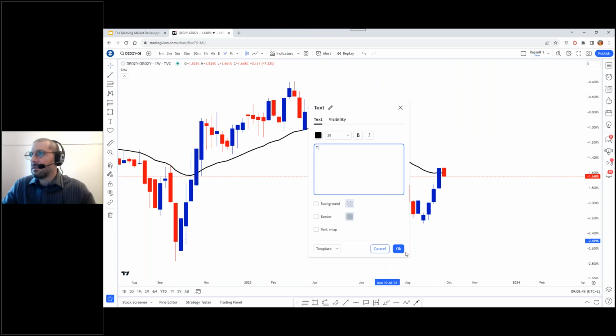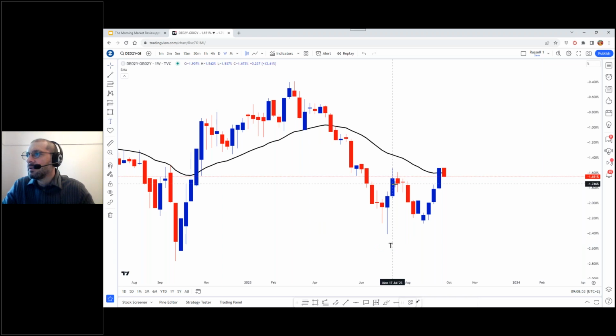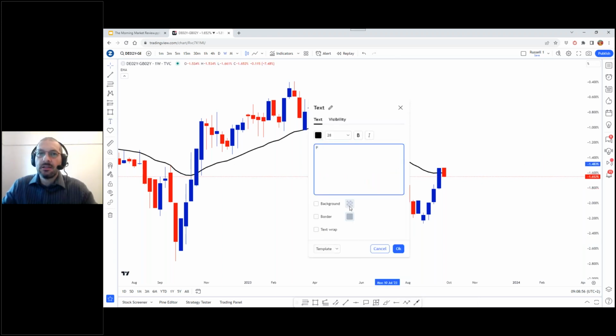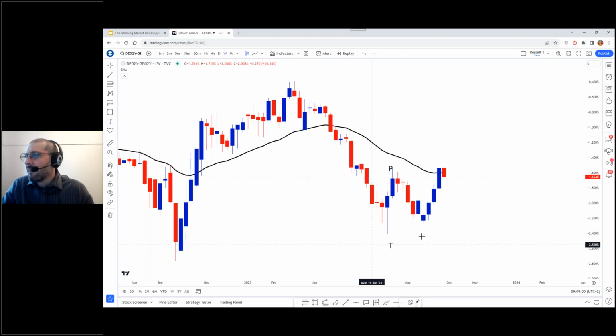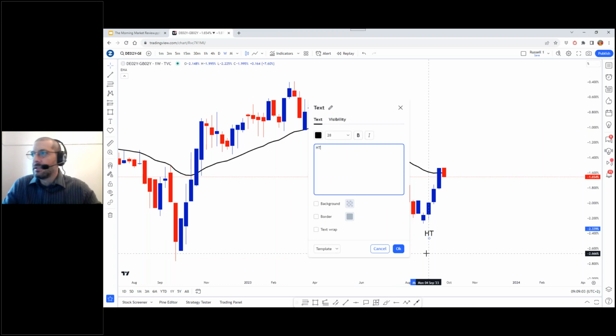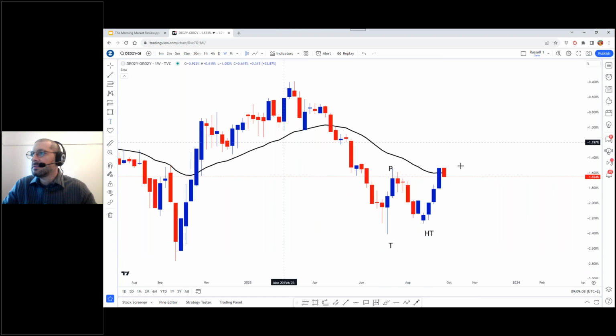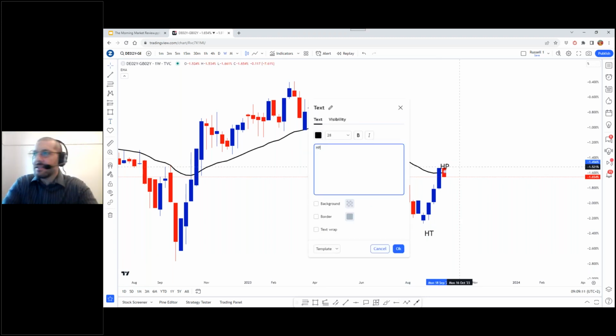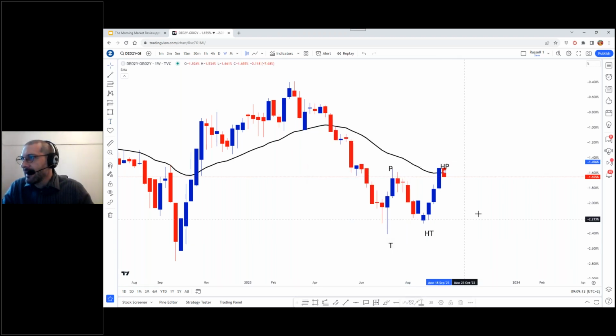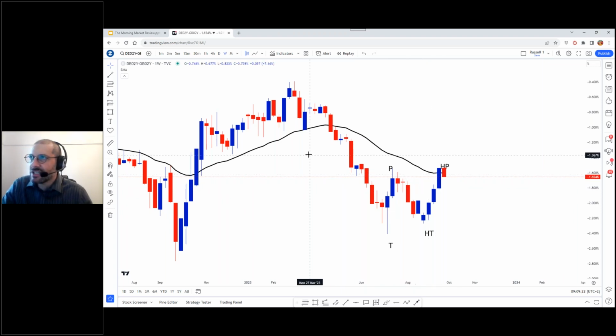Trough. Peak. Higher trough. Higher peak. Now we've got to see if that's having some sort of influence. The trend over here looks as if it's just starting. We have hit that 30-week exponential moving average, which is acting as resistance.